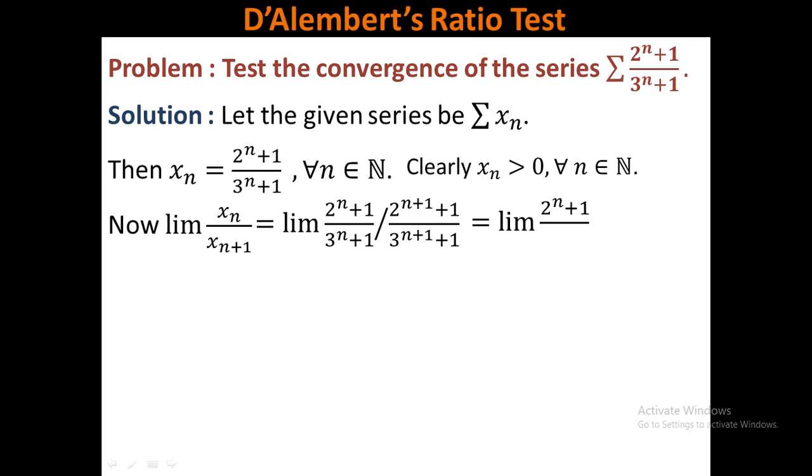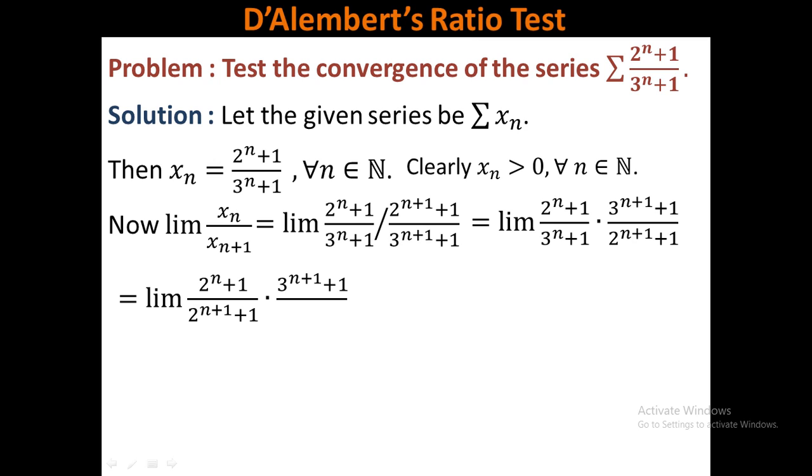This is equal to 2 to the power n upon 3 to the power n plus 1, into 3 to the power n plus 1 plus 1 by 2 to the power n plus 1. Just simplification, that divided by that means into its reciprocal. Now here I take 2 to the power n by 2 to the power n plus 1, dot 3 to the power n plus 1 divided by 3 to the power n plus 1. In the first factor I divide by 2 to the power n in numerator and denominator.